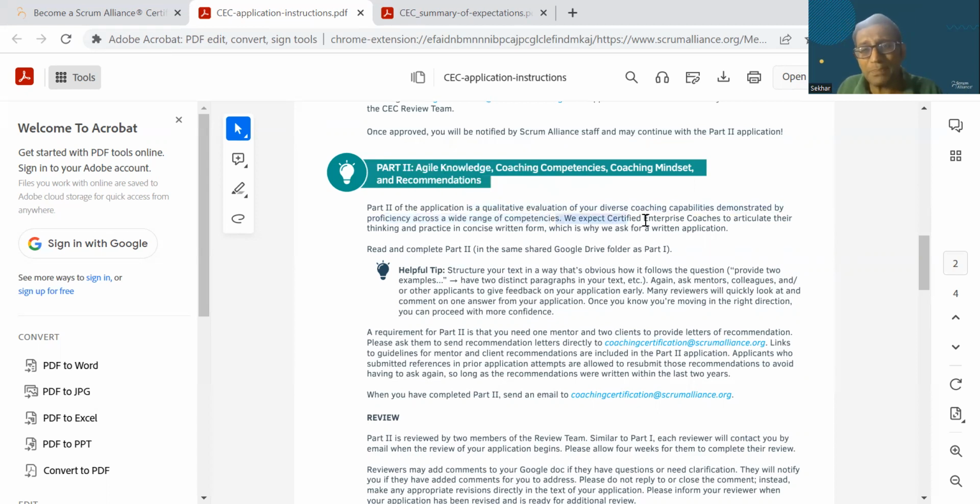So again, we expect certified enterprise coaches to articulate their thinking and practice in concise written form, which is why we ask for a written application. As a CEC candidate or applicant, you have to structure your thoughts and write them in very small paragraphs that fit the word limits. We don't want you to write pages and pages where, when you go through it, there's no content. That's not what reviewers will be looking at.